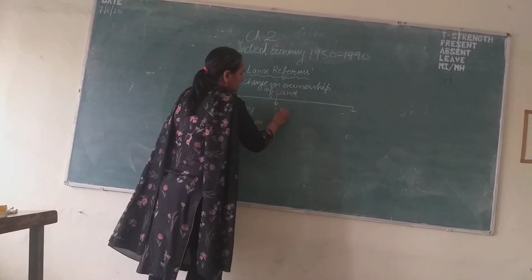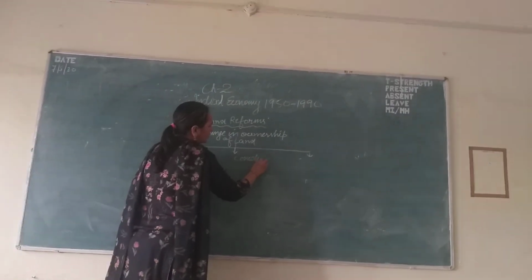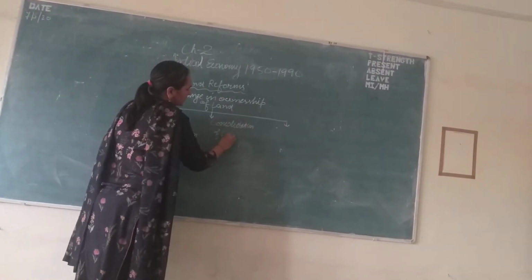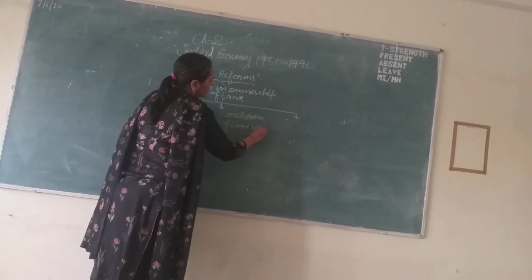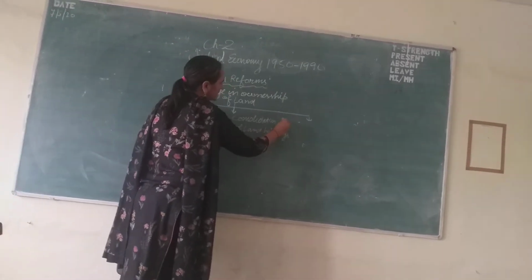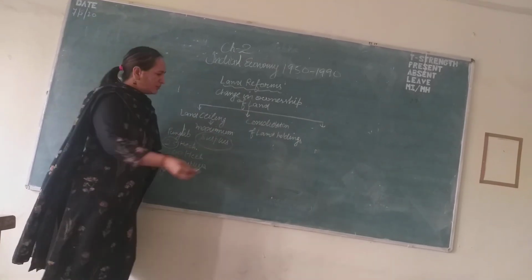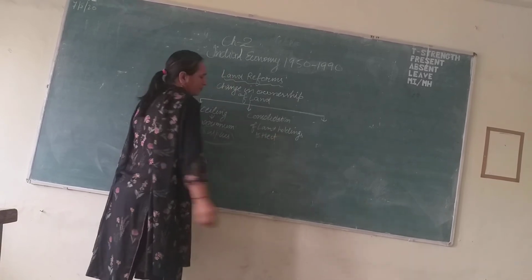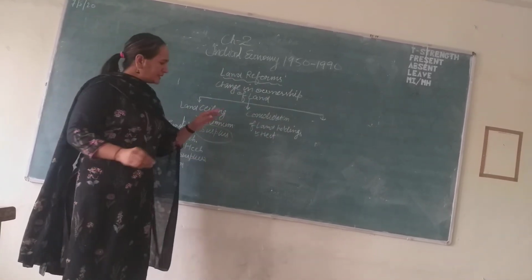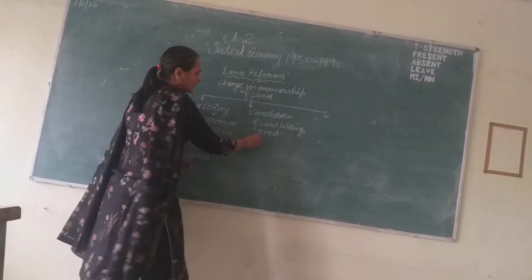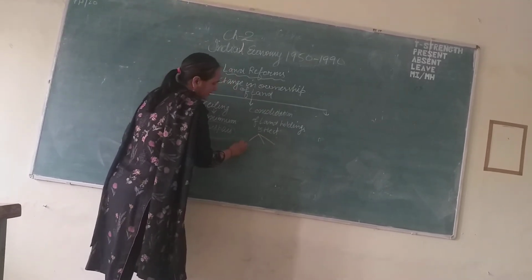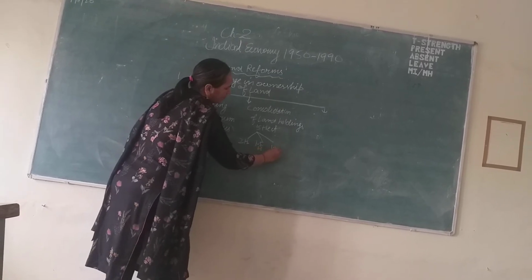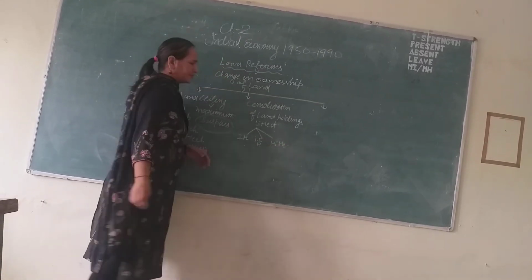Second land reform is consolidation of land holdings. Land holdings means the land of which a person is the owner. For example, one person is the owner of 5 hectare of land, but this 5 hectare is not at one place; it is scattered into 3 pieces, that is 2 hectare, 1.5 hectare and 1.5 hectare.